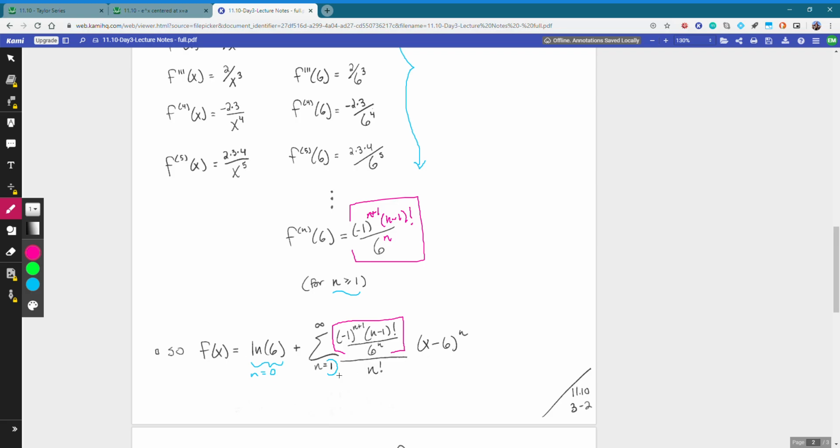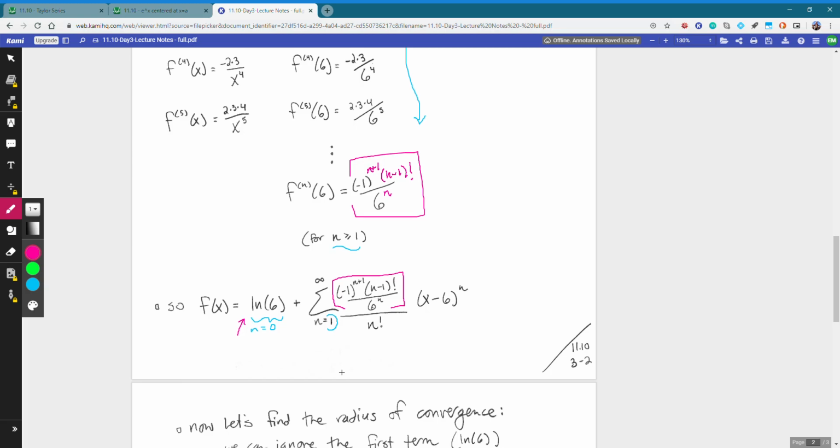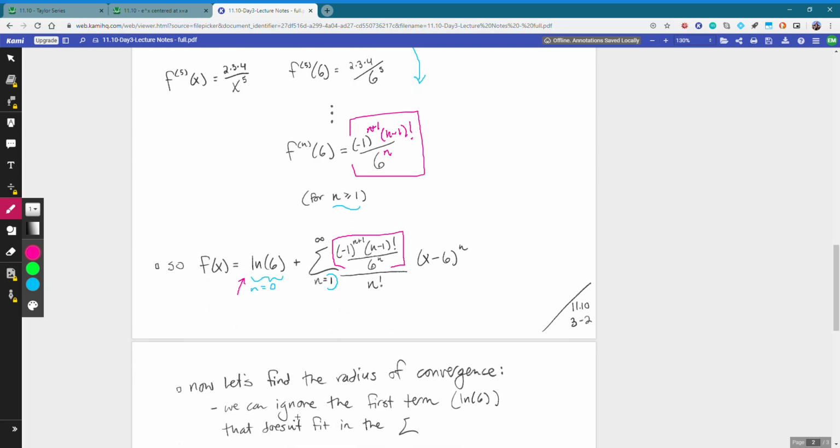The second thing is you might very naturally be wondering, well, what about this natural log of 6 off on the side? How does that play into the radius of convergence? And the answer is that it actually doesn't at all. We can completely ignore that first term, just pretend like it isn't there. Essentially, the idea here is that ignoring a single term won't affect whether or not the series converges.